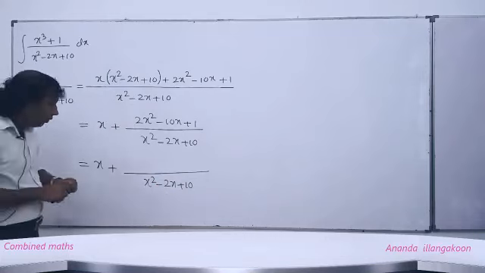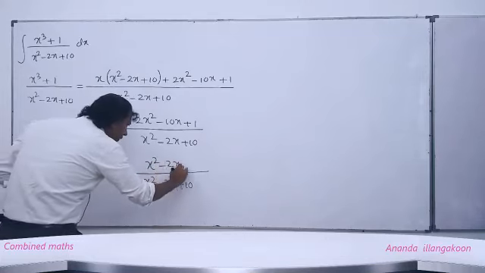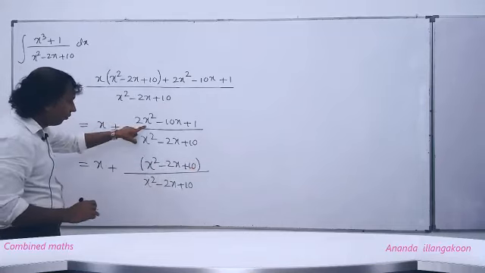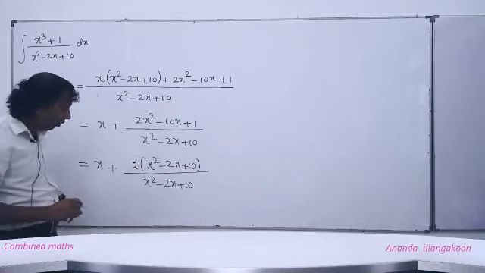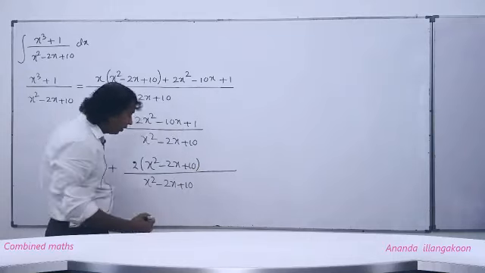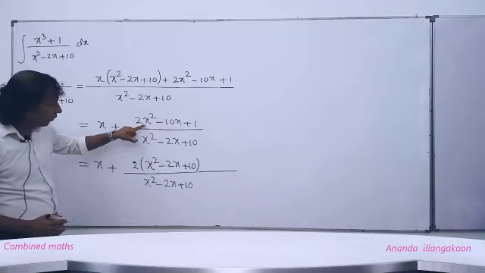Now, people, I write again this x squared minus 2x plus 10. To get this, I write 2 here. See what you get there? 2x squared coming. That's fine, good.